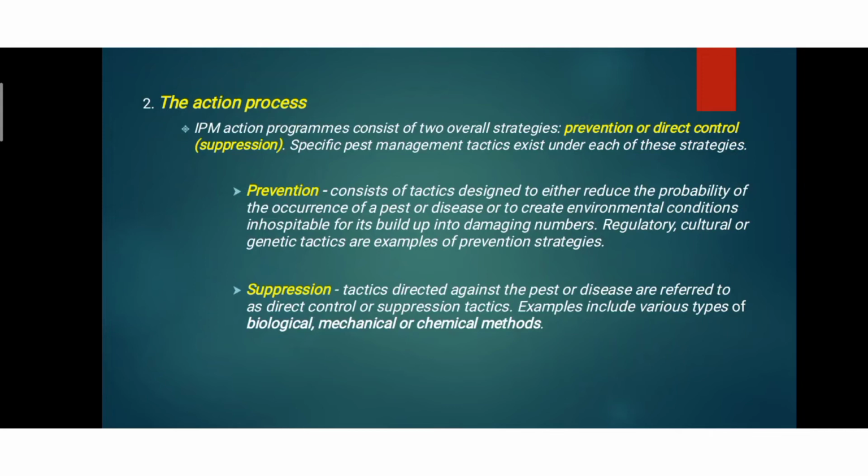Second, we have suppression. Tactics directed against the pest or disease are referred to as direct control or suppression tactics. Examples include various types of biological, mechanical, or chemical methods. So, when we say suppression, it is reducing pest numbers or damage to an acceptable level. It is a common goal in many pest situations.